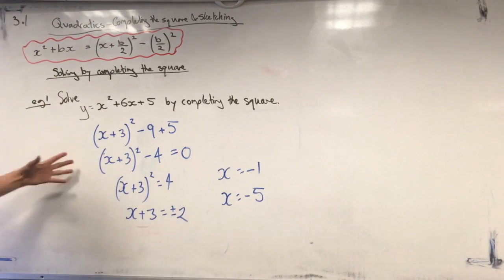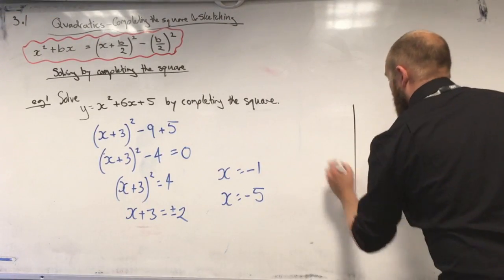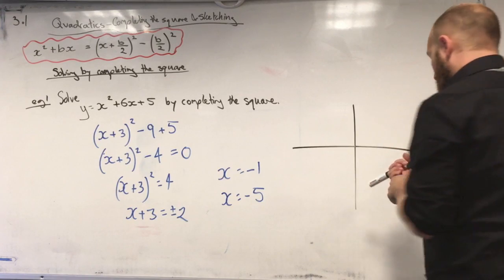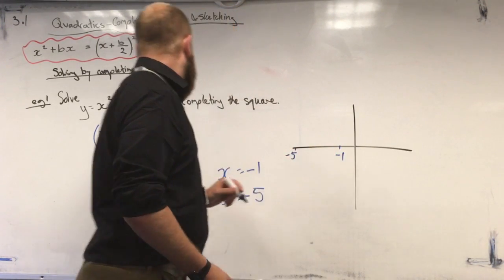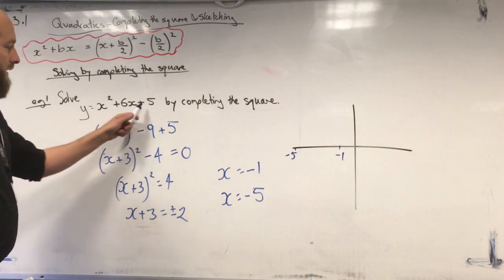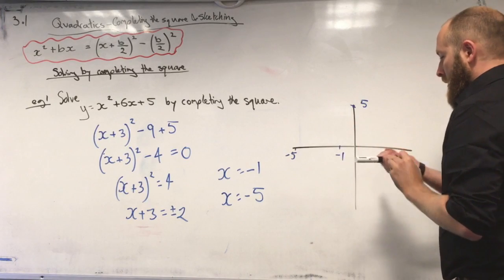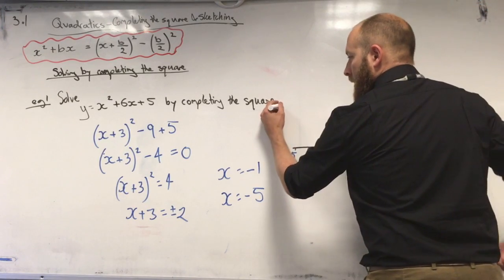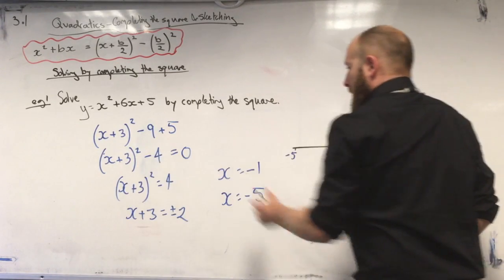So I can now sketch this quadratic because we know the roots, we know the solutions. So we have one solution at -1 and one at -5. We know it goes through the y-axis at +5. And we also know its minimum point is at -3, -4.